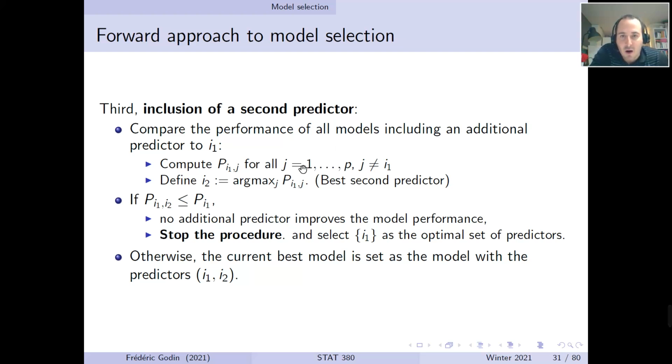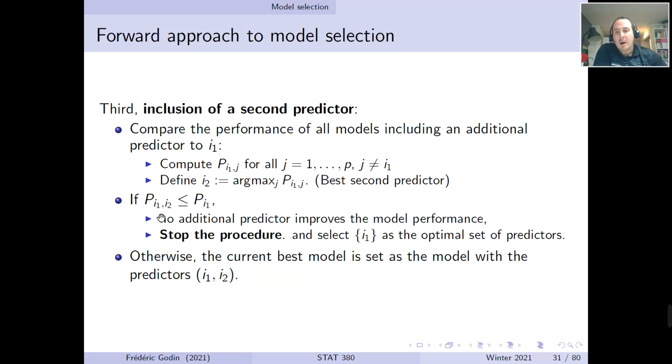And then among all these choices of J, we define I2 as the argmax of P(I1, J). So it's the predictor which gives the best possible performance when combined with the first predictor.